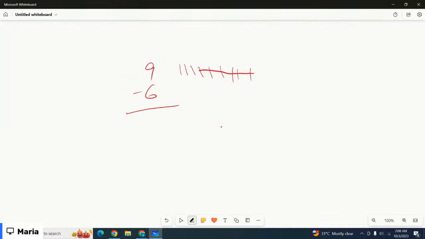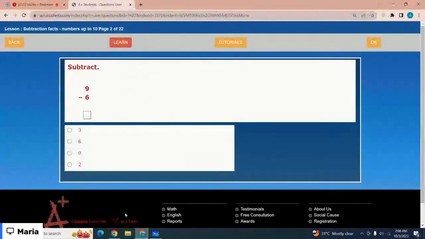You need to count the lines you are left with. So how many lines are you left with? They are 1, 2, and 3. That means 9 take away 6 equals 3, right? The correct option is 3. Very good.